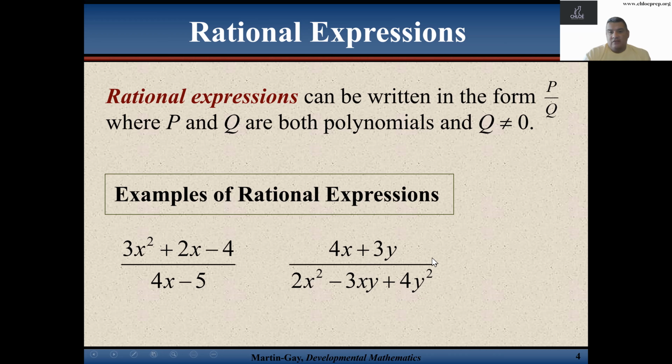So if we look at this, 4x plus 3y over 2x squared minus 3xy plus 4y squared, this is the same thing as the pizza example. All we're saying is I have this entire 4x plus 3y, whatever that is. We don't know what it is yet. And I'm dividing it by 2x squared minus 3xy plus 4y squared.